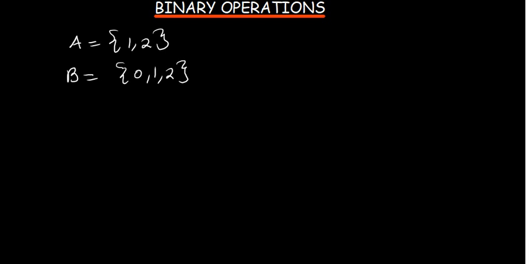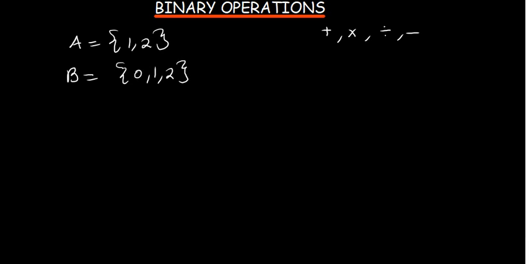You want to perform some operations. Let's say you want to see which one is going to be a binary operation between addition, multiplication, division and subtraction. Which of these is a binary operation on these two sets?